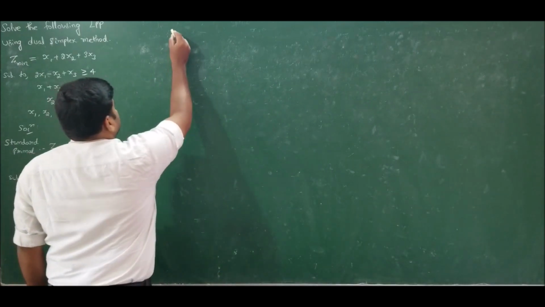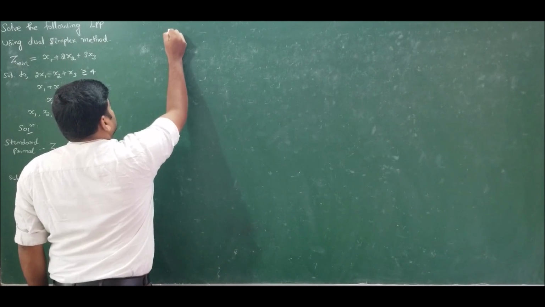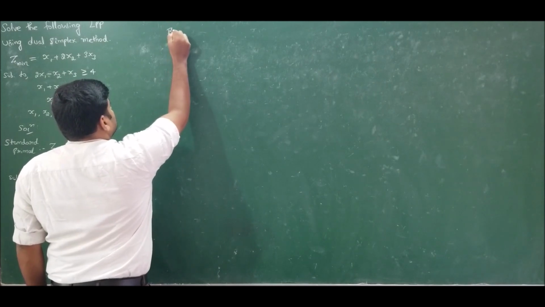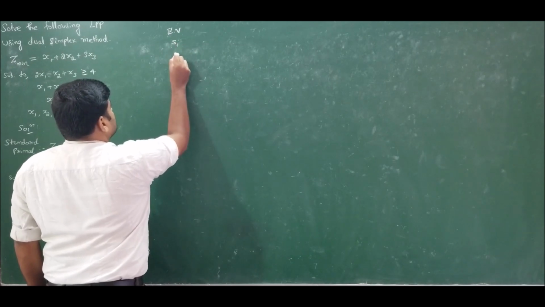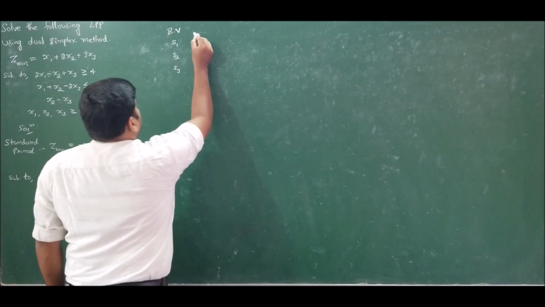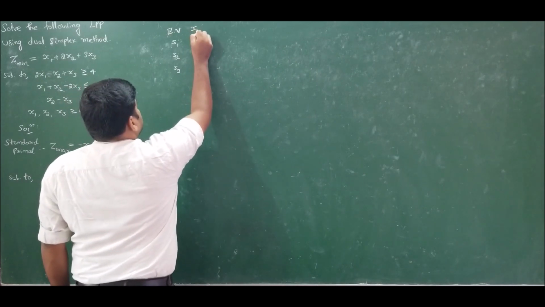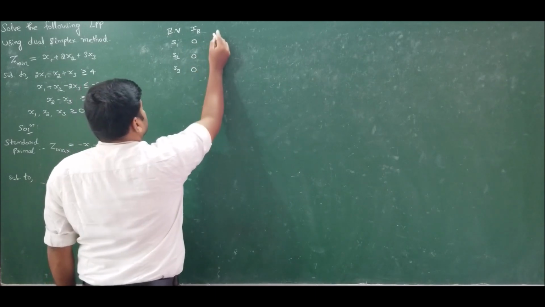So if I go for simplex table, first we have basic variable. Under basic variable we have S1, S2, S3, and then we have XB. The coefficient of basic variables are 0, 0, 0.